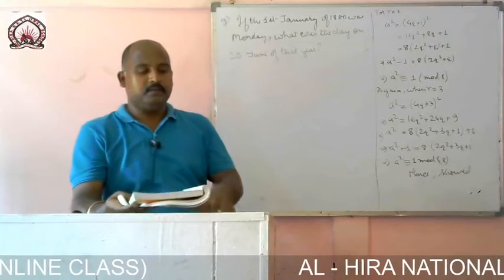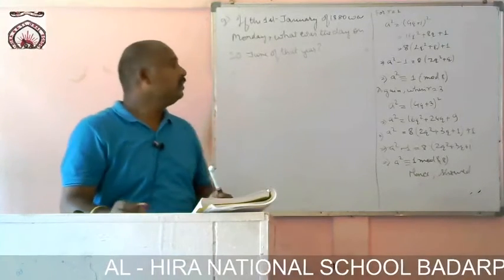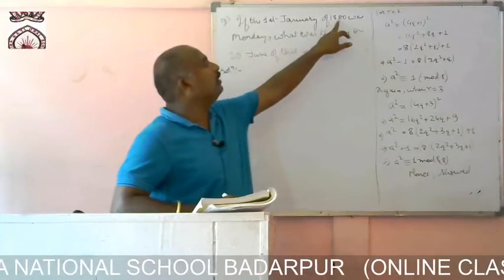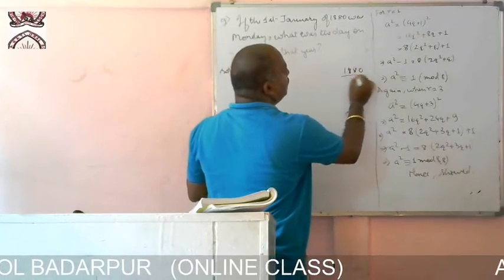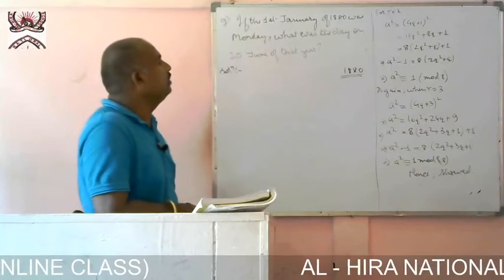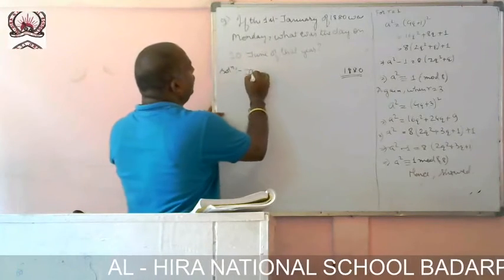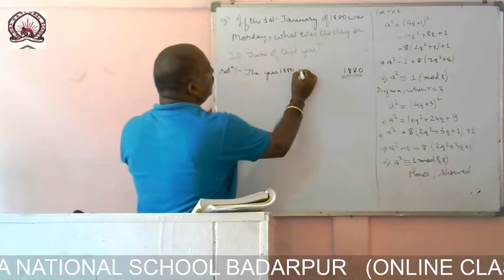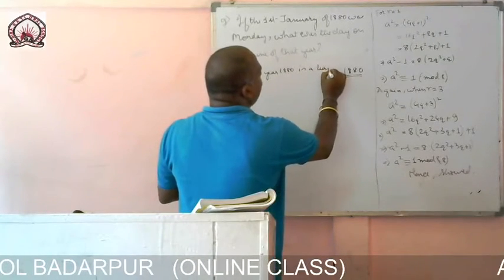Now see, first of all we have to consider 1880. 1880 is divisible by 4, so it is a leap year.